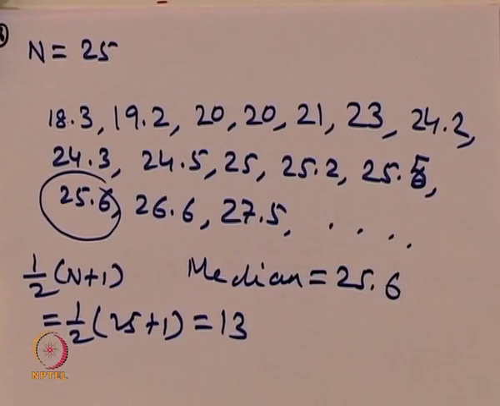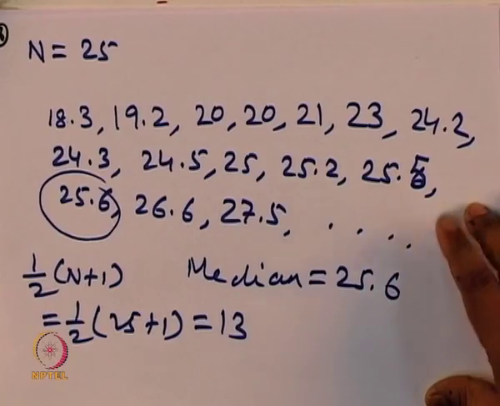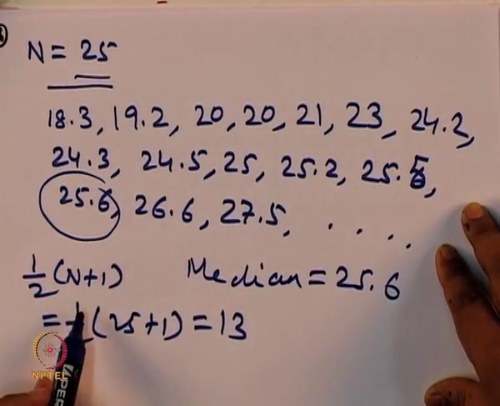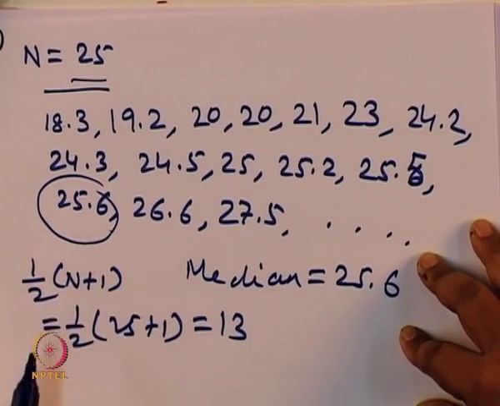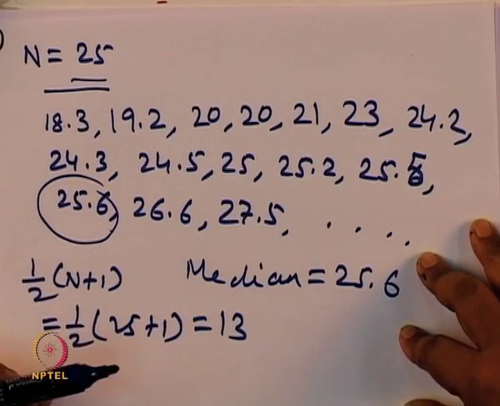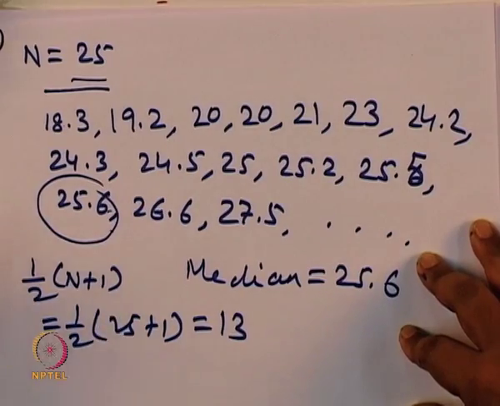Sometimes you will get an exact value. If your number of data is odd, then half of n plus 1 will give you an exact value, so you directly choose this value. But when n is even, half of n plus 1 will give you a fraction, so you have to interpolate between two numbers, as was the case previously.